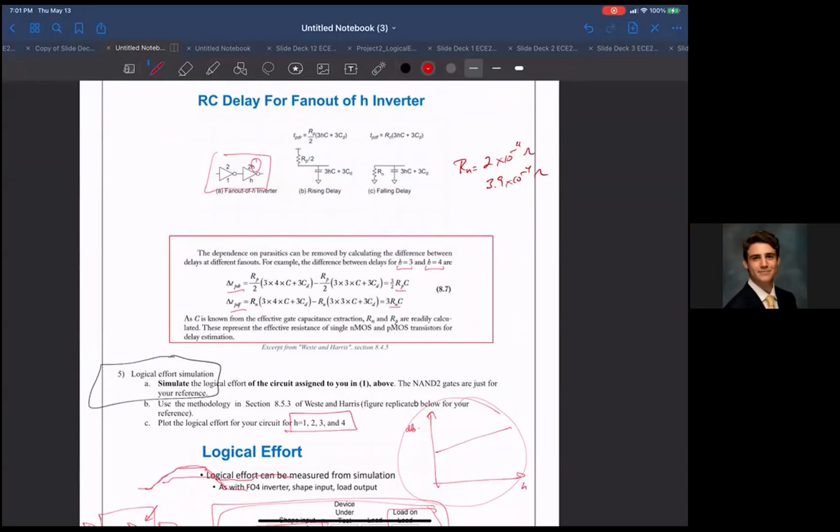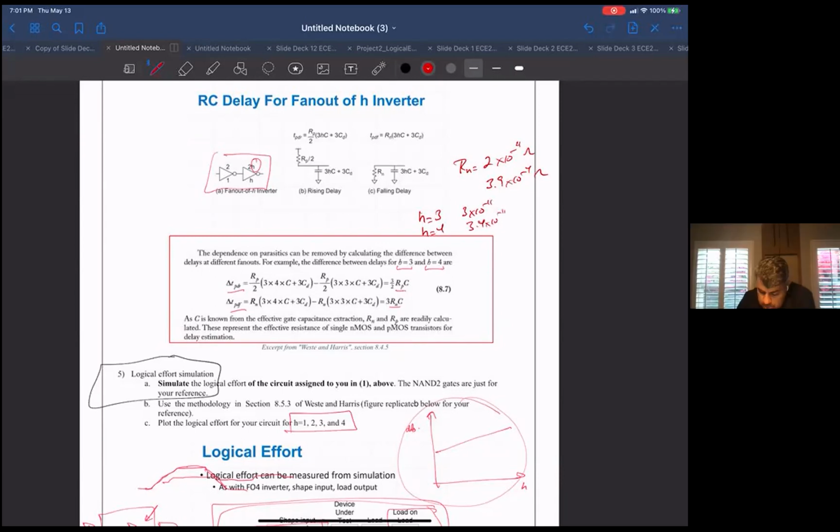Hmm. And when I did the measurement of the difference between them, my rising time and falling times, my rising time for h equal to 3 was 3 times 10 to the negative 11. And the rising time for h equals 4 was 3.4 times 10 to the negative 11. So they're pretty close together, so that's reasonable.